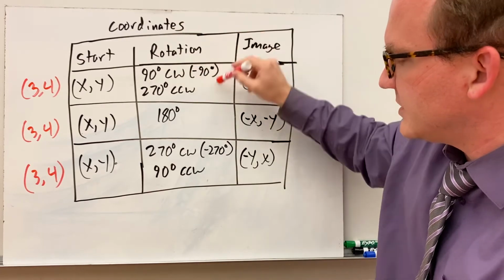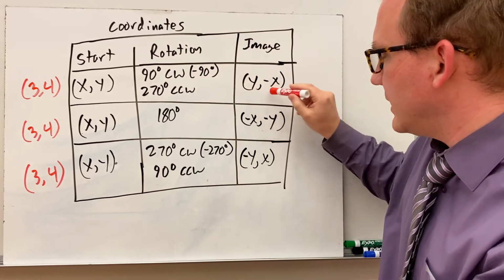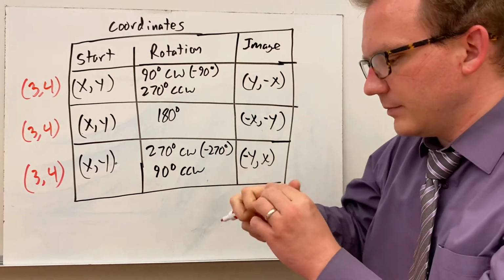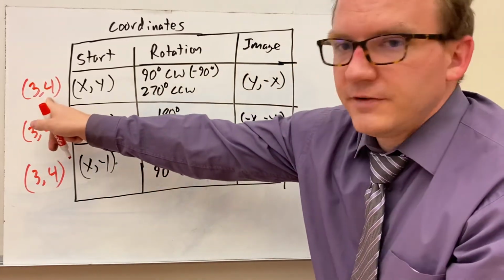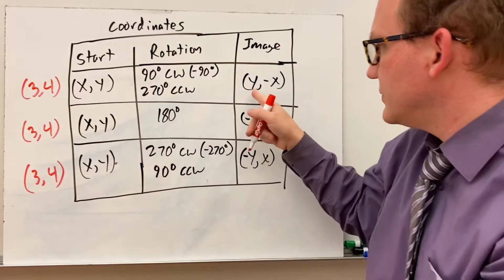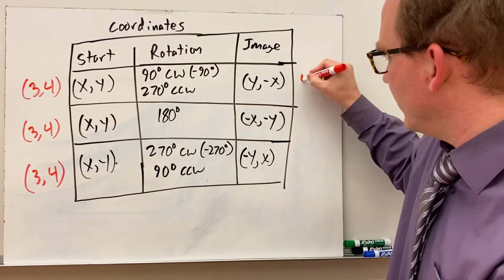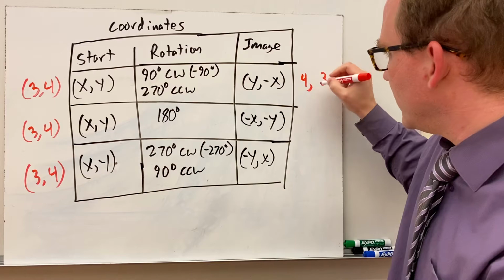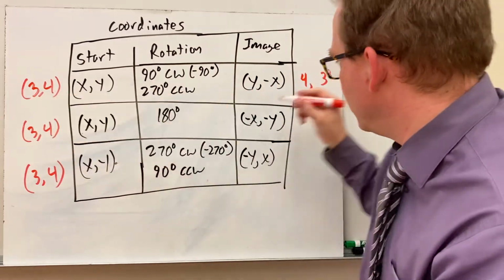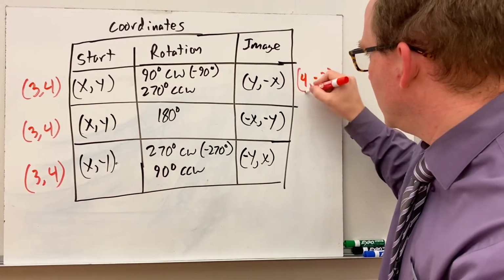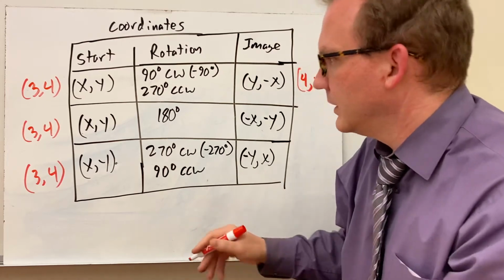Both end up at the same spot. I just do y, negative x. So what does that mean? If I started with 3, 4, I would switch them so the y coordinate came first. So it would be 4, comma 3, but it's negative x. So it'd have to be 4, comma negative 3 would be the rotation of that point.